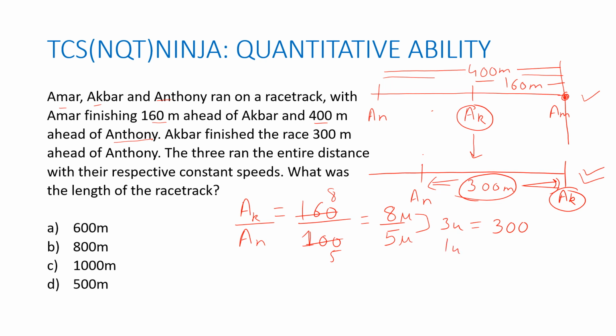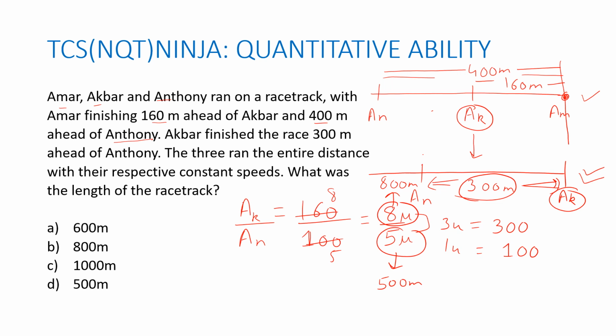So this 1 unit over here is representative of 100 meters. And thereby 8 units is representative of 800 meters. And this 5 units is representative of 500 meters. Now at this point of time, when Akbar is finishing the race, he would have traveled the entire racetrack. And when he travels the entire racetrack, there is a gap of 300 meters, which is symbolic that Akbar has traveled 800 meters.